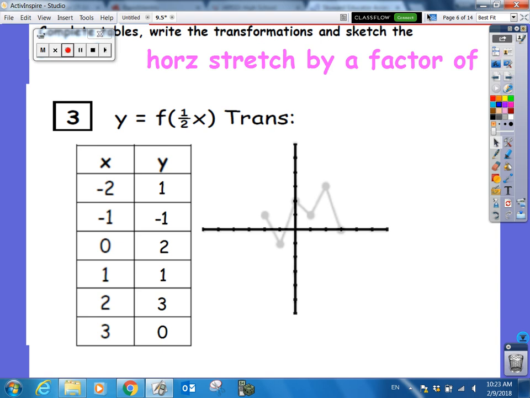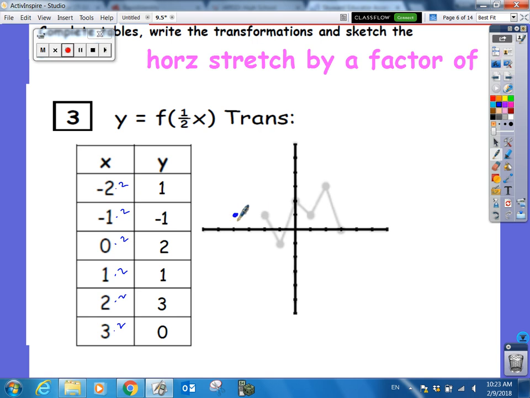So what that means as far as our table, if you like the table, we are multiplying all the x values by 2. Okay, if you like looking at the table, that's what happens. If you just want to go off the original graph, okay, just go to the first point. And since it's a horizontal stretch, we're at -2. The y values are all going to stay the same. We're at -2 times 2 is -4.